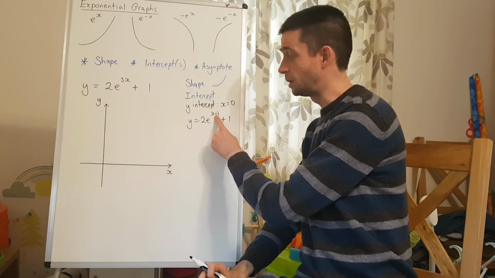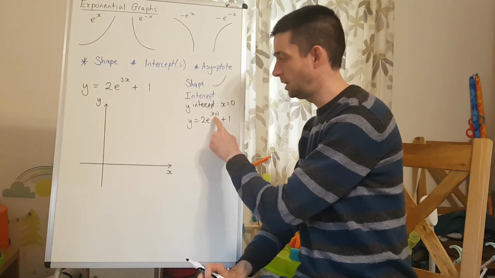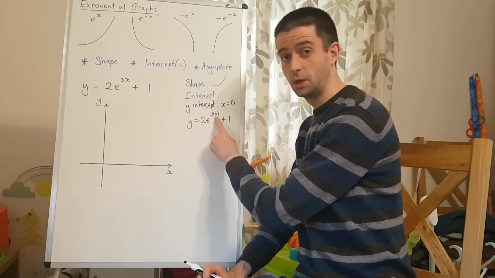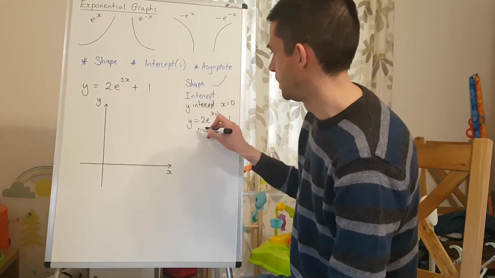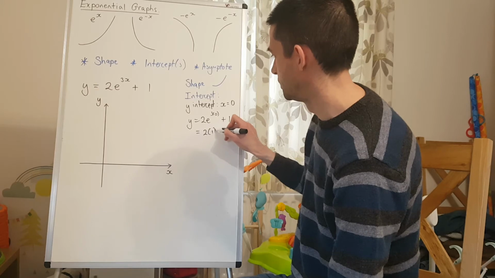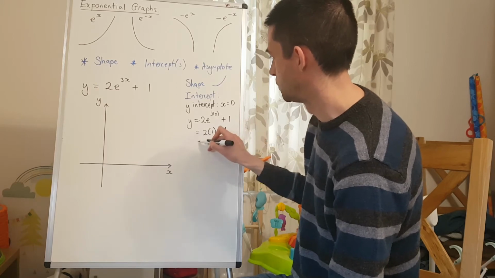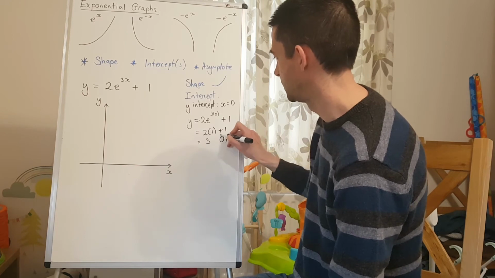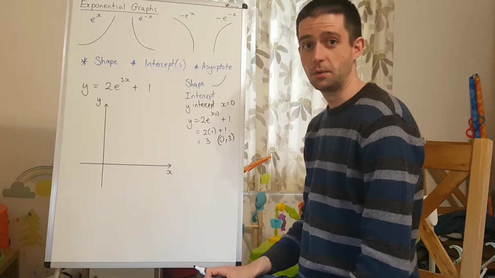So 3 lots of 0 is 0. E to the power of 0, well e is a number, remember, and any number to the power of 0 is 1. So what I'm really getting here is 2 lots of 1 plus 1, which is 3. So I can see that the y-intercept for this curve is going to be 0, 3.